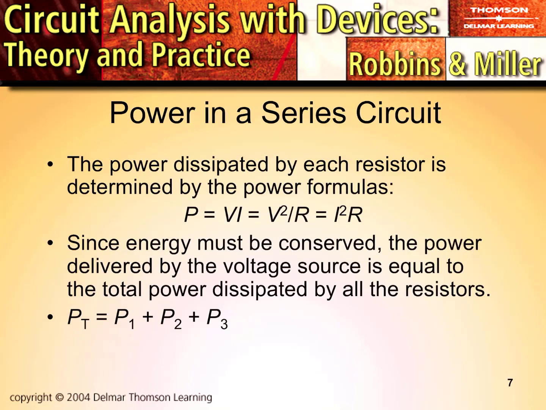When it comes to power in a series circuit, all of the power equations that we've learned about still apply. So when it comes to power using voltage and current, we have V times I. Voltage and resistance, V squared over R. When it comes to current and resistance, I squared R. So if we're talking about PR1, what would that mean?